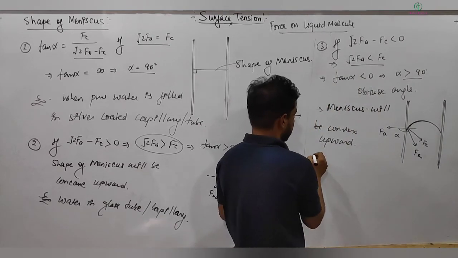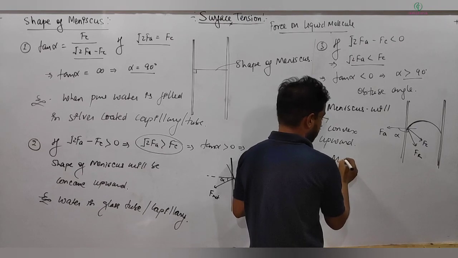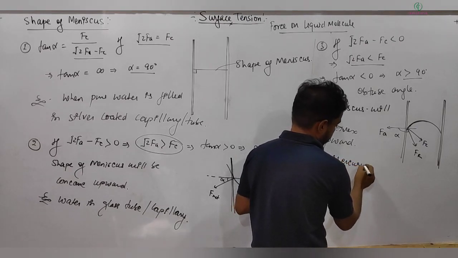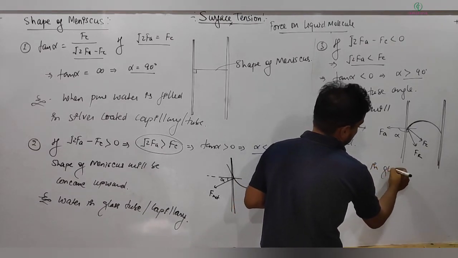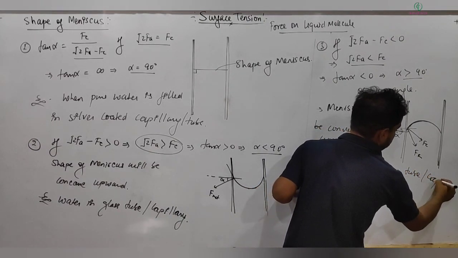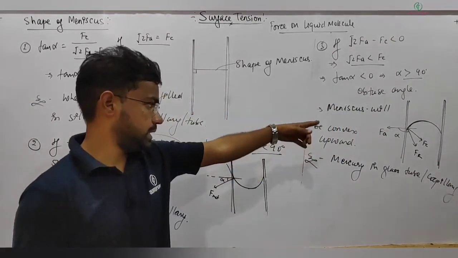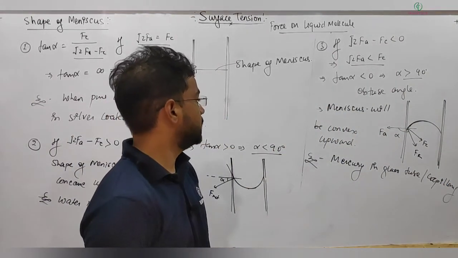So that is, and this situation is when mercury is in glass tube or glass capillary, then the shape of meniscus is that type, convex upward.